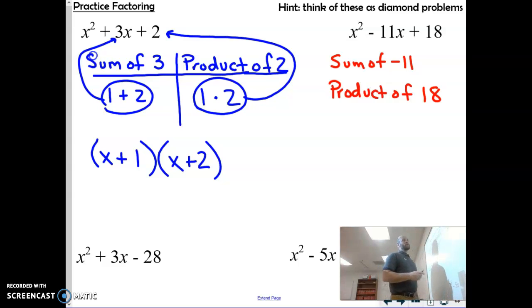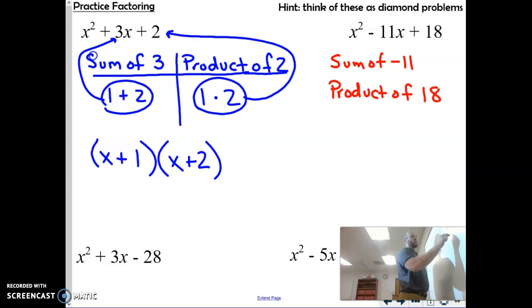So now when your middle term is negative and your constant term is positive, that means we are going to be looking for two negative numbers that when we multiply them together are going to give us that positive 18. So with this one, what two numbers, if added together, give us negative 11 and multiplied together give us 18?